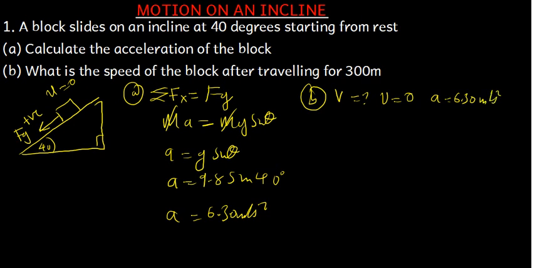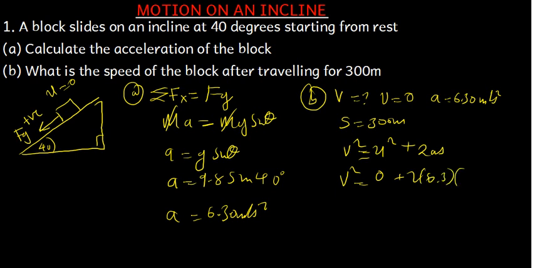We know the distance s is 300 meters. So we say v squared is equal to u squared plus 2as. So v squared is equal to 0 plus 2 times the acceleration, 6.3, times the distance, 300.